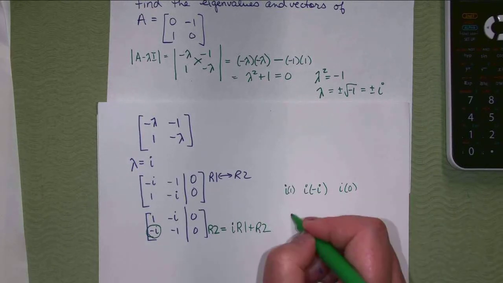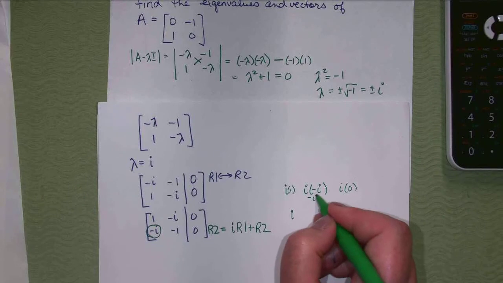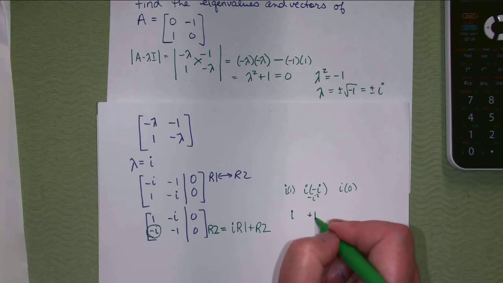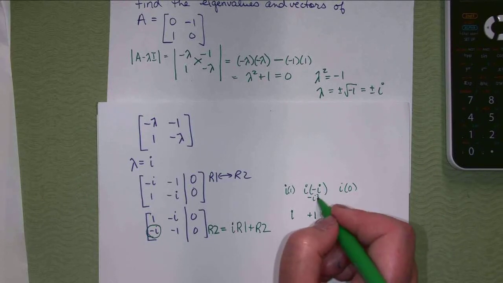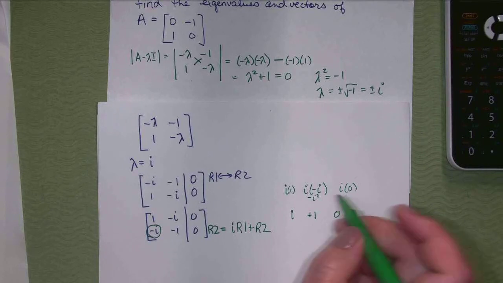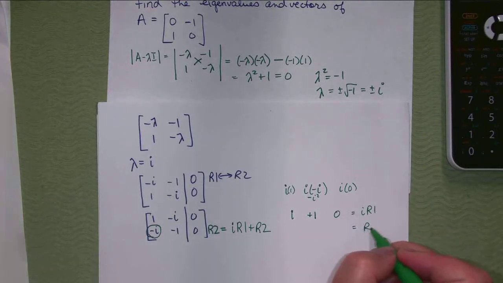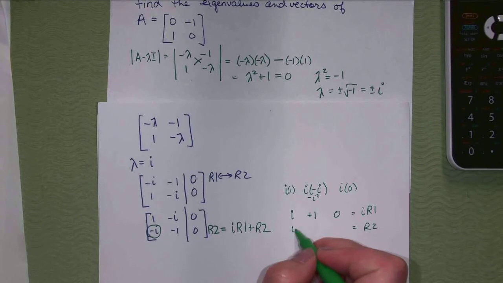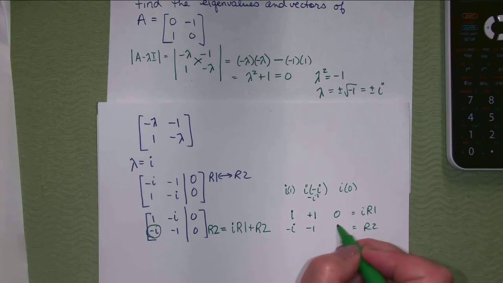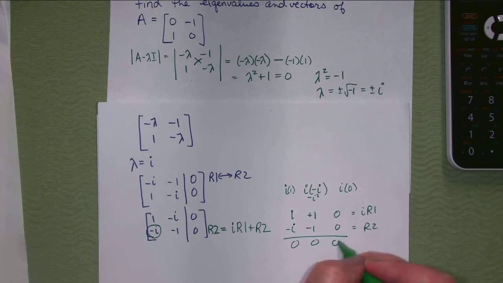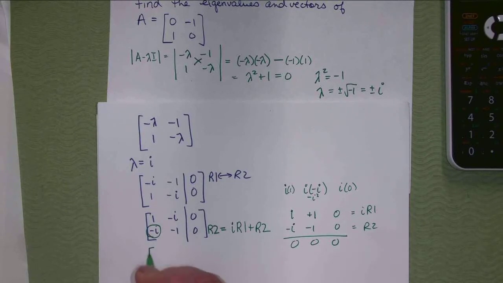So this will be i. Minus i squared would be a plus 1, because this is minus a minus 1, and 0. So this is my i times row 1, and my row 2, and that's what we wanted to happen, right? So 1 minus i, 0, 0, 0, 0.